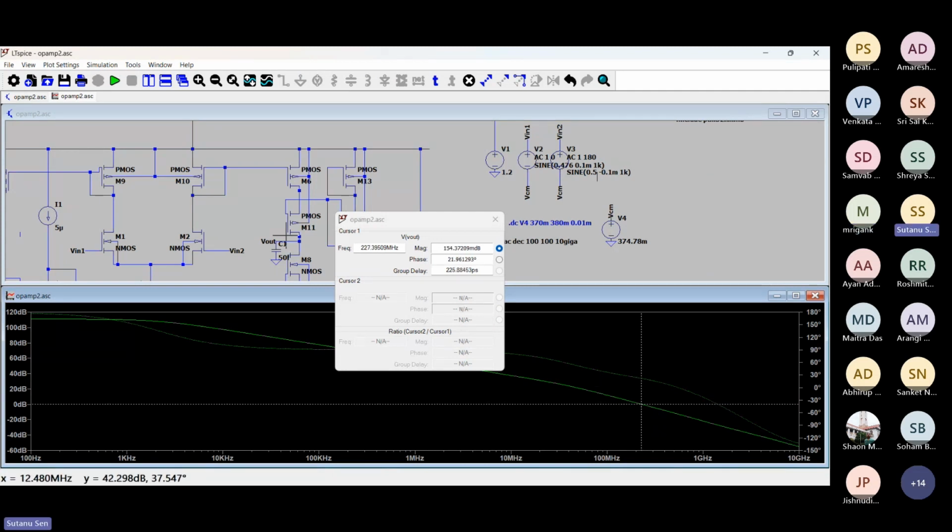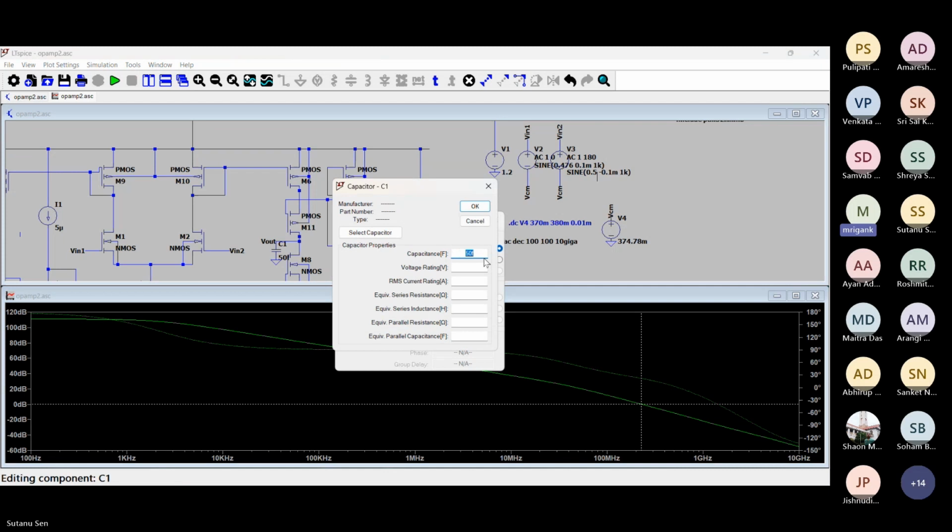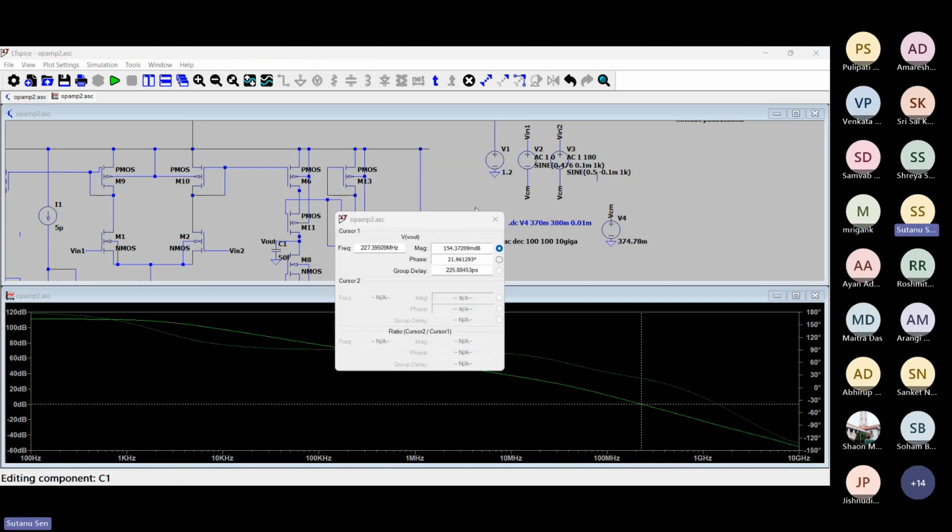I've put it, sir. It's now at 22 degrees phase margin. I think I'll need to increase the cap further. Sir, it's at 22 degree now, the phase margin. I think I'll need to increase the cap further, like around 100 femtofarad, I guess, or 200 femtofarad.